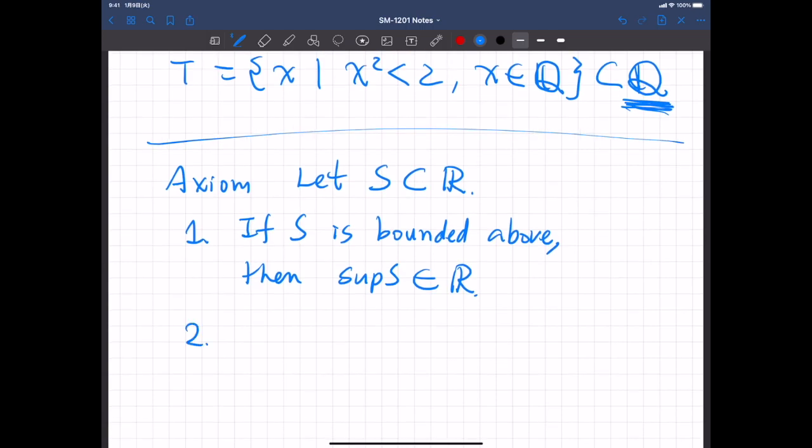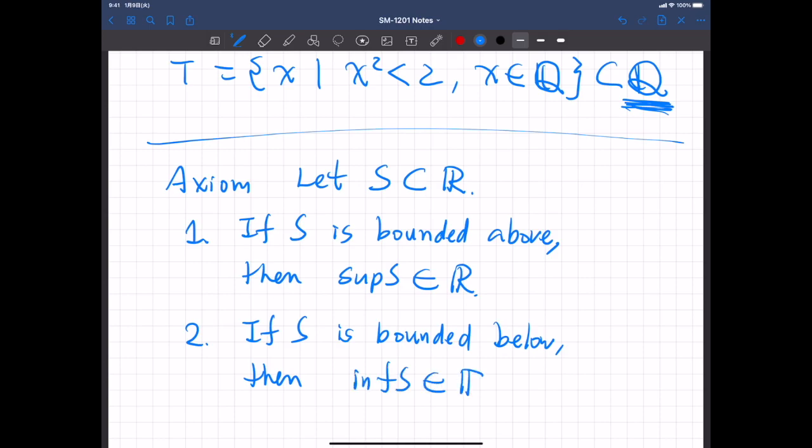Okay, and 2, if S is bounded below, then infimum of S is a real number.